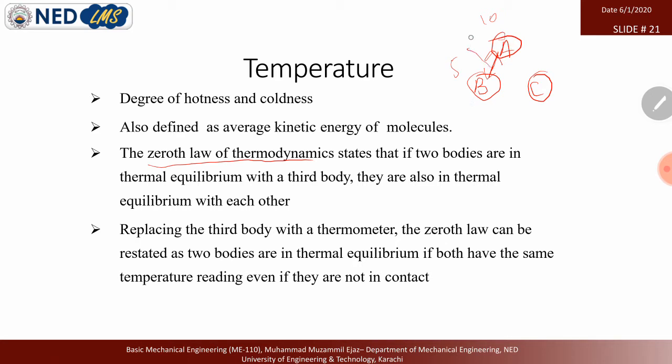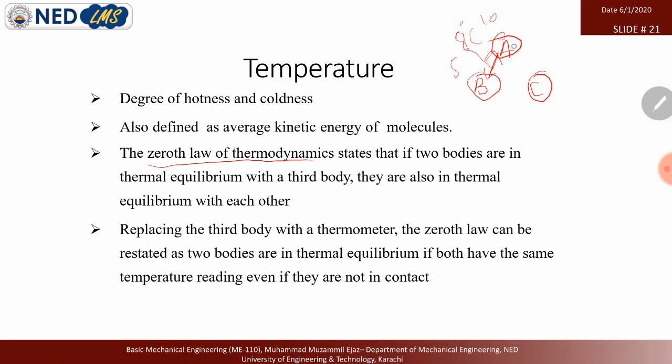Body A decreases in temperature and B increases, so both become, let's say, 8 degrees centigrade. Now these two bodies are in thermodynamical equilibrium.